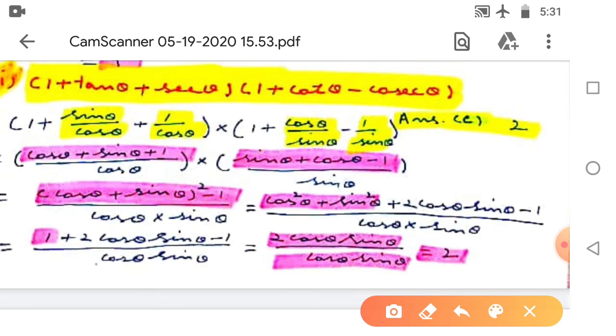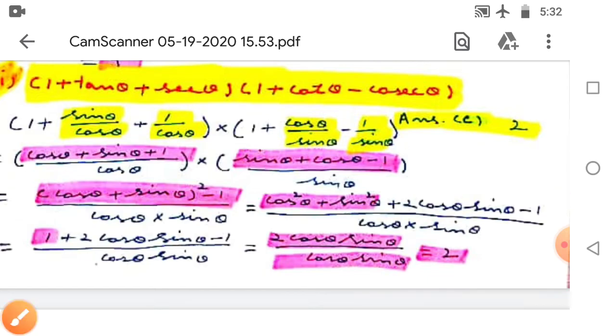So basically this is in the form of a plus b into a minus b, and we know a plus b into a minus b is a square minus b square. So applying here, cos theta plus sin theta whole square minus 1. Now open this bracket: a plus b whole square is equal to a square plus b square plus 2ab. So cos square theta plus sin square theta plus 2 sin theta cos theta minus 1.